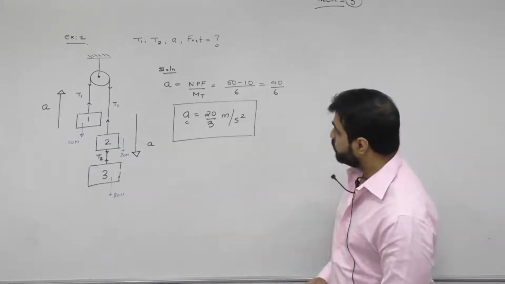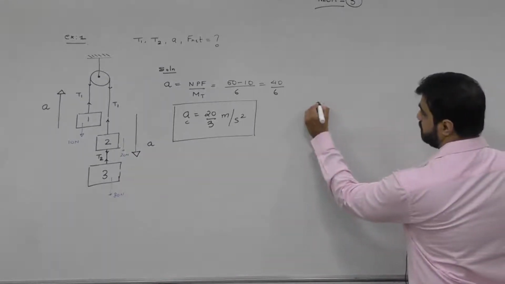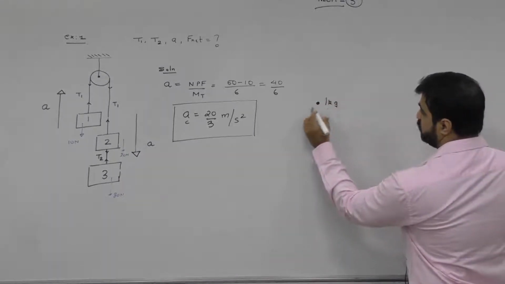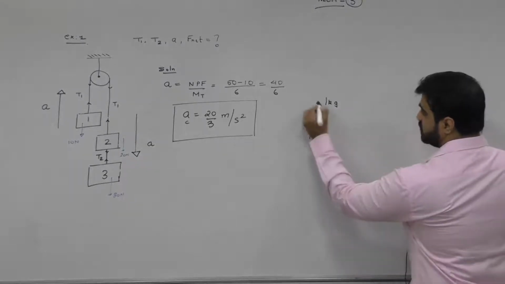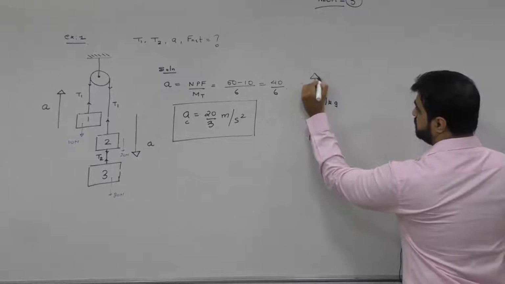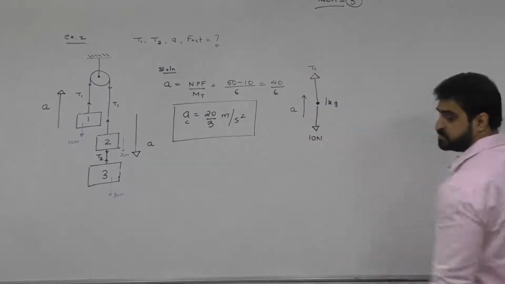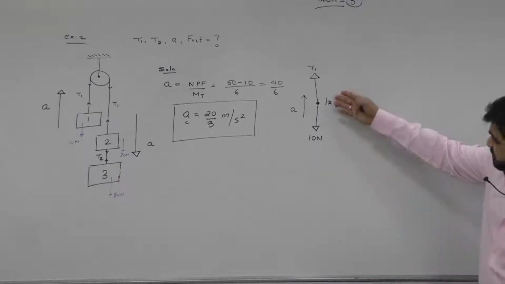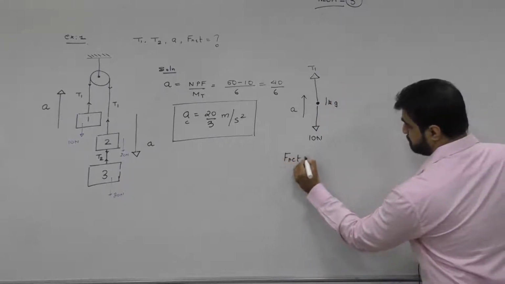Okay, how to draw free body diagram of 1? Look over here. I will take 1 kg. What is acting down? 10 Newton. What is acting up? T1. Where is the system going? Up. I'll apply F net is MA.